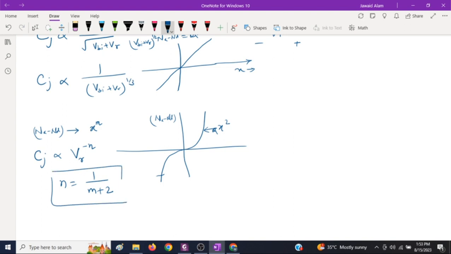This is a general derivation. If you go through various books, you will find it.